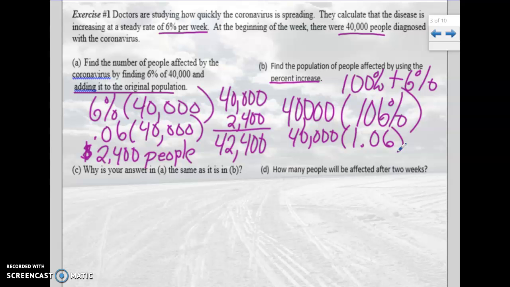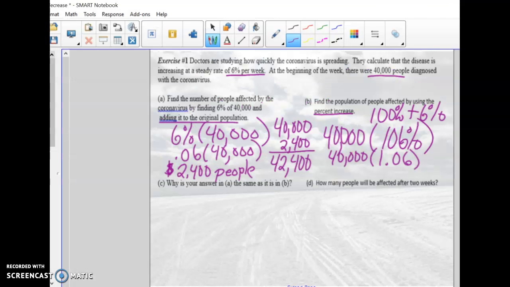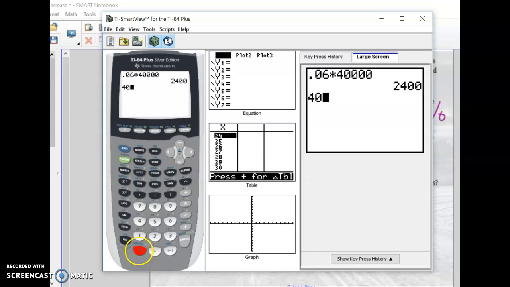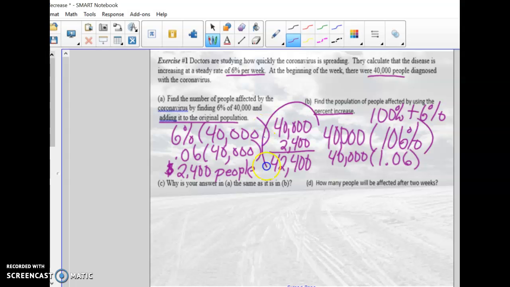Now, back to the calculator. Calculator says 40,000 times 1.06. And what do you think we're going to get? Exactly, 42,400, which is the same number we got after we added the 6% increase to the original.